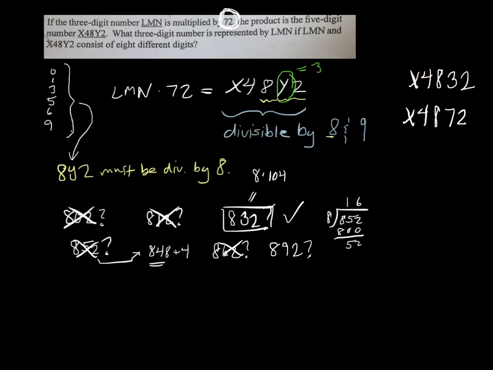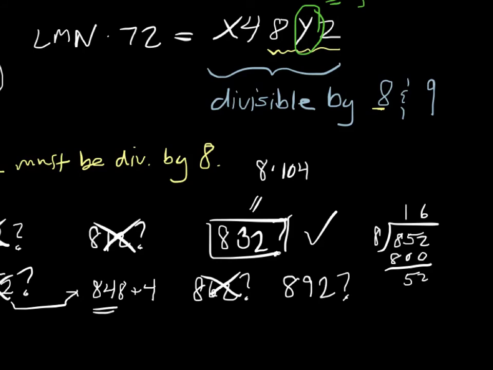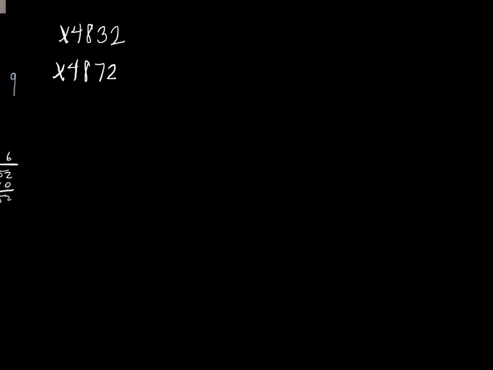Remind the viewers. The divisibility test for 9 is when you add all the digits up, and then you get a 9 or a multiple of 9. Okay, so I'm writing that out right now.